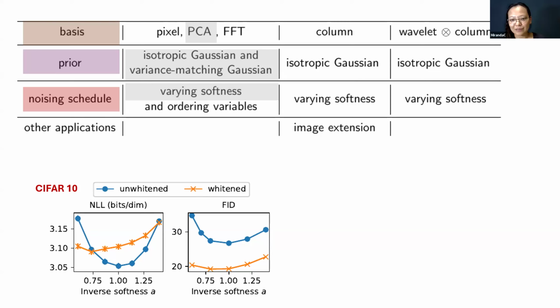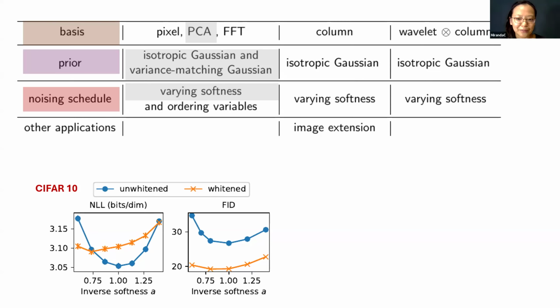But we take a one-dimensional slice over it, which is parametrized by A. So this slider corresponds roughly to how autoregressive it is, or softness. So when A equals 1, it's the standard diffusion. Okay. When A equals 0, then it's the least autoregressive in some sense.